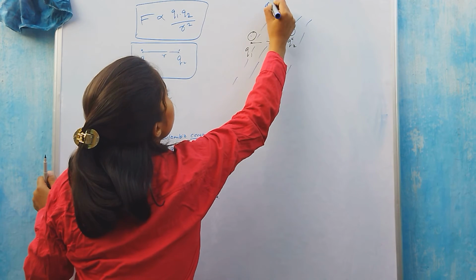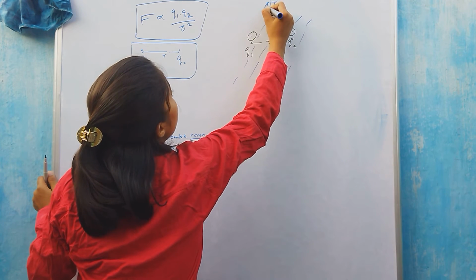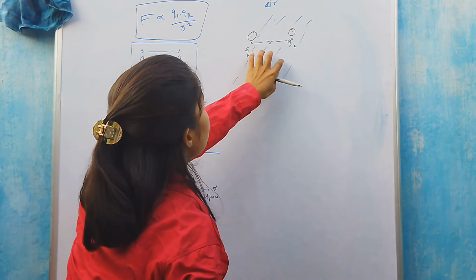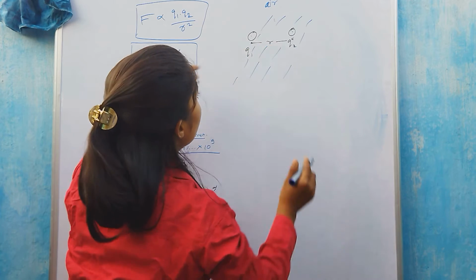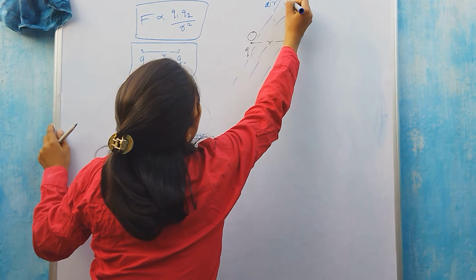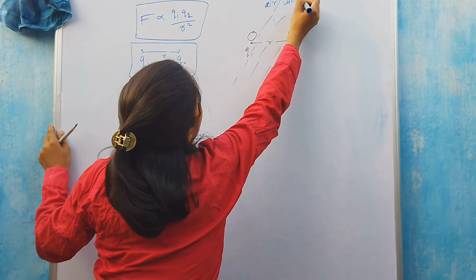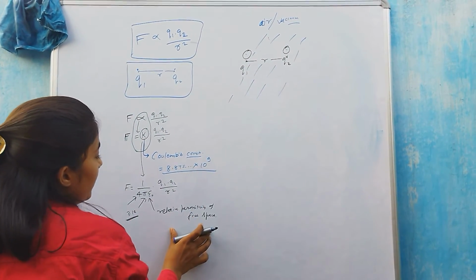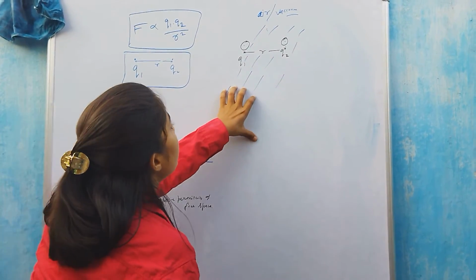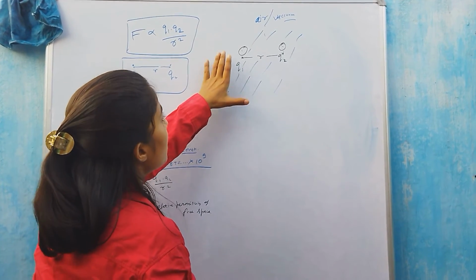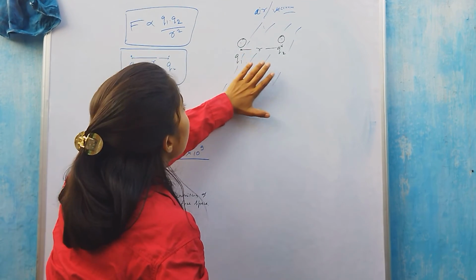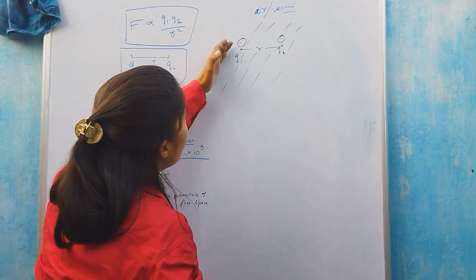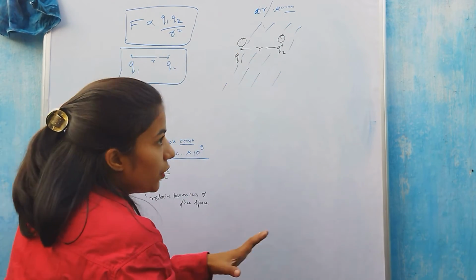Okay, it means free space means both these charges are kept either in air or in vacuum. Permittivity means here only what is the amount of this field which will be allowed or permitted to pass through either Q1 or Q2.